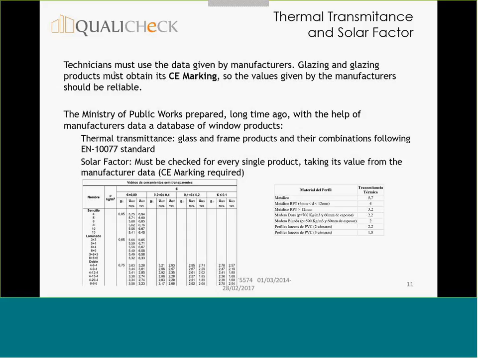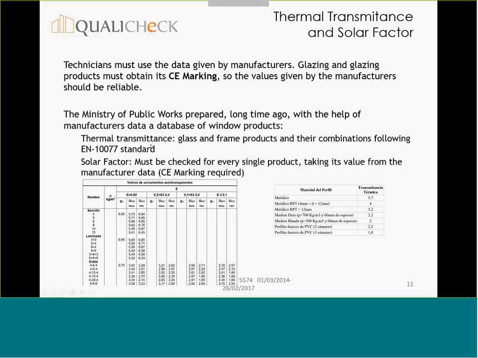Then we rely on the reliability of the manufacturer data. The Ministry of Public Works, in charge of these matters in Spain, prepared a long time ago, with the help of manufacturer data, a database of window products. These are indicative values because of the CE marking required.